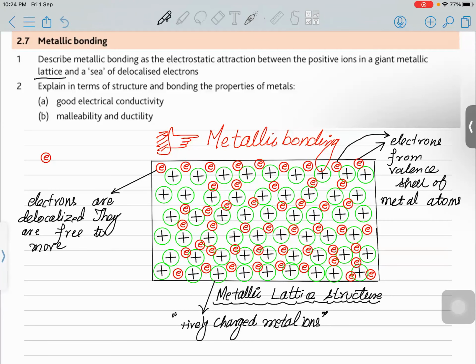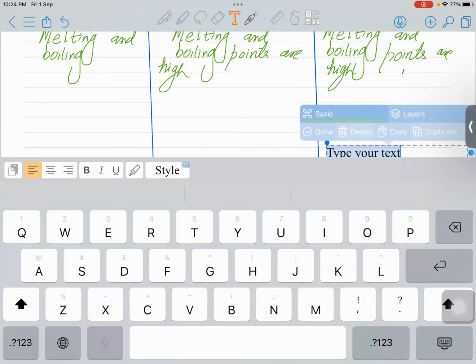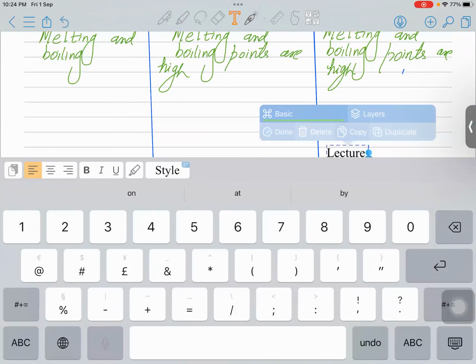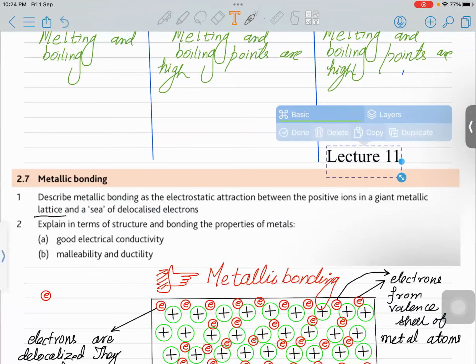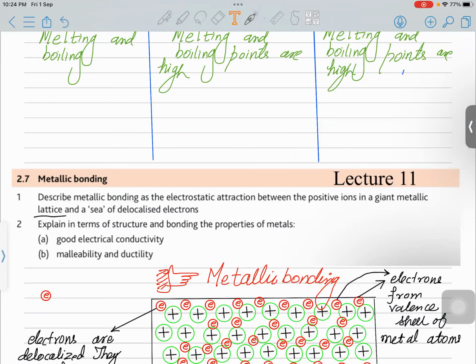So inshallah, we will start lecture number 11 of metallic bonding in the next class. Lecture number 11, metallic bonding. Okay. Any question? No, sir. No questions.